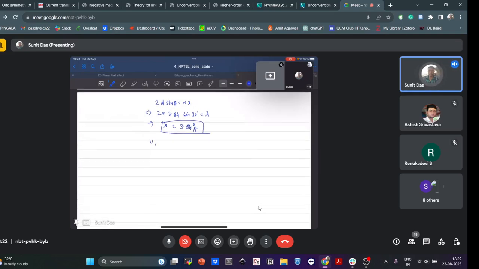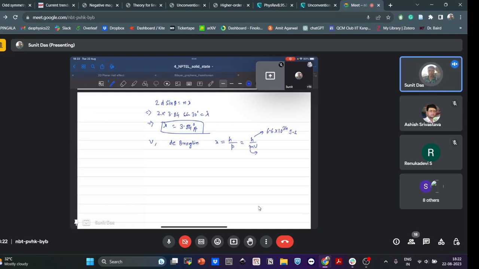Now if we use the de Broglie hypothesis or formula, what it says is that the wavelength of a wave is equal to h, Planck's constant, by the momentum p. So h by mv. Planck's constant in SI units is 6.6 into 10 to the power minus 34 joule second.